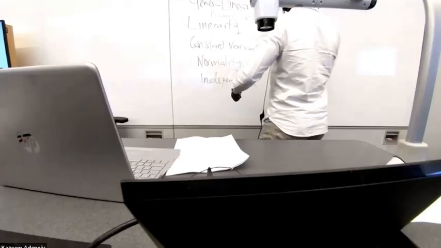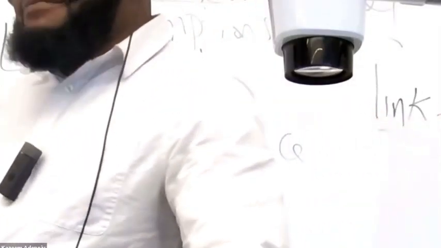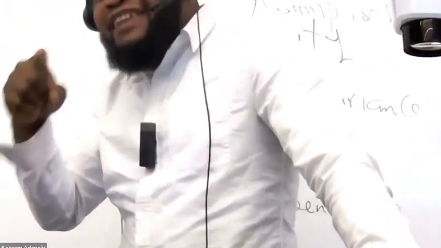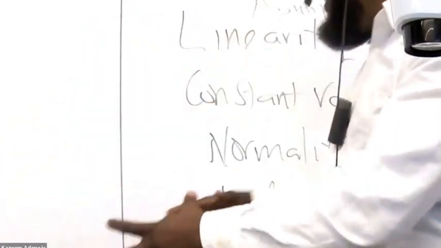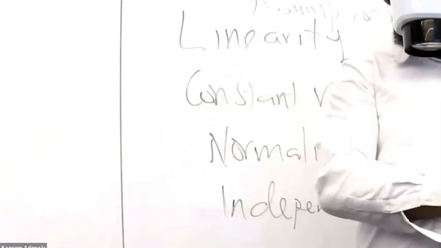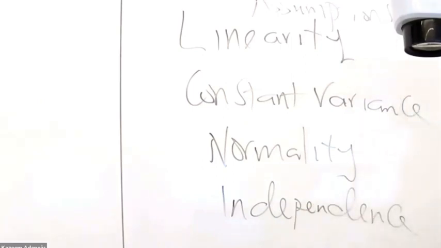I'm going to say that again. Look at the word generalized. It generalizes linear regression to allow the relationship between the linear model and the response, and that very relationship is captured by the link function.